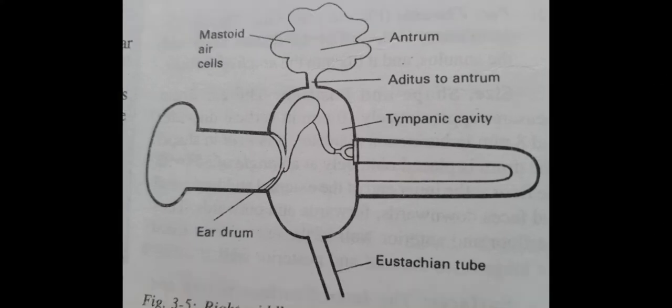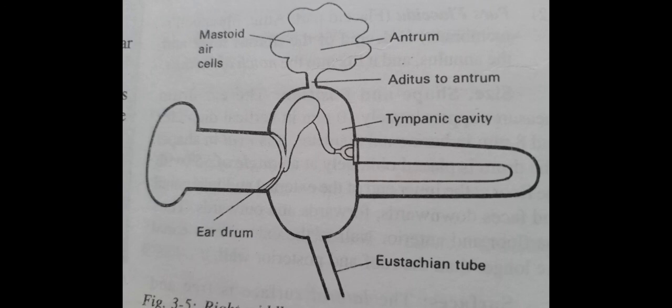Okay, now the conducting apparatus consists of, this one is the pinna. The sound enters the ear through the pinna, that is the external ear. Then the sound waves go into the external auditory canal. This is the external auditory canal.